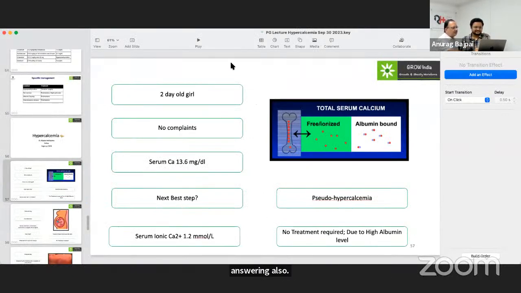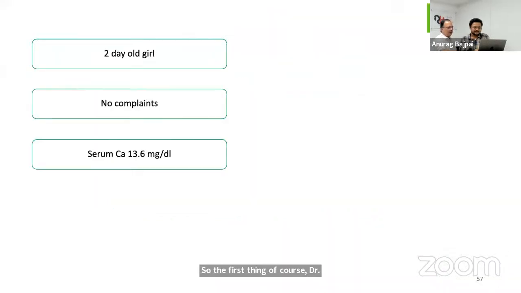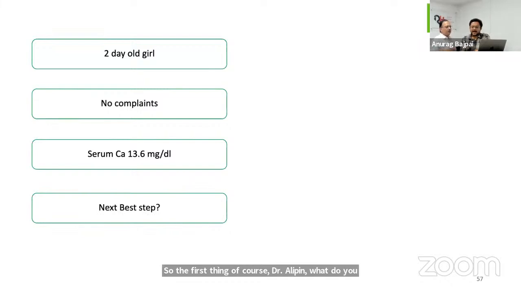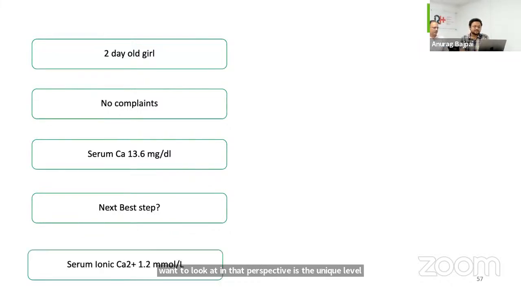If anybody would like to put the answer there, we would like to have the inputs. The first thing, Dr. Alapan, that you want to look at is the ionic level of the calcium. We should check whether the ionic level of the calcium is normal or not. In this case, it is almost normal.